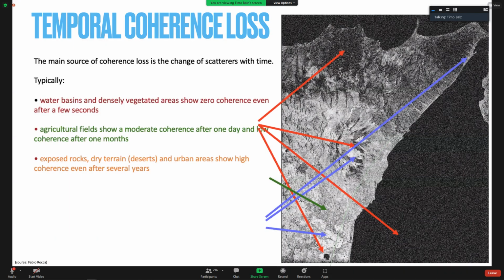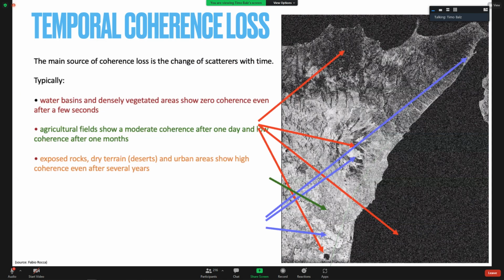Very densely vegetated areas also very quickly lose coherence. If you imagine again a tree in the wind, even within a few seconds the positions are quite different. So with a large forest, we may lose coherence very quickly.